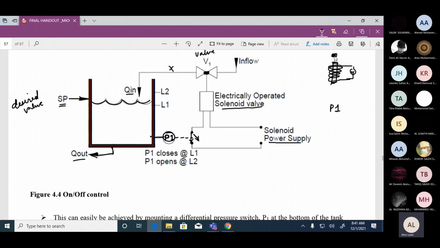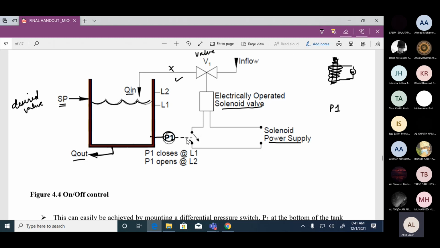Then the piece that is kept above, which was blocking the flow, will get attracted. That means it will be pulled down, and then you will have the space open here, and it will allow the water to flow. So that is the solenoid valve that we are using here along with the switching action.